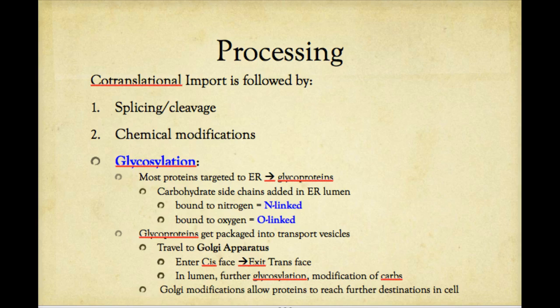And remember, in the Golgi, that's primarily either glycosylation or modification of glycosylated proteins. So we're either going to add more carbohydrate or we're going to modify the carbohydrate that has already been added. All of these carbohydrate modifications are there to allow proteins to reach further destinations in the cell.